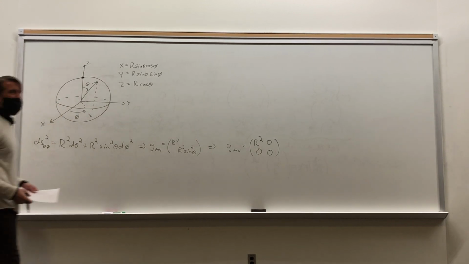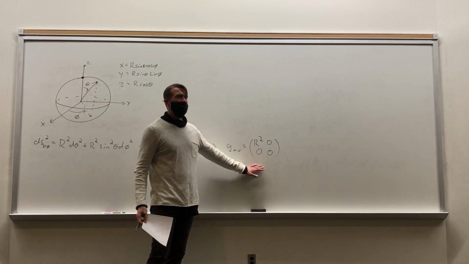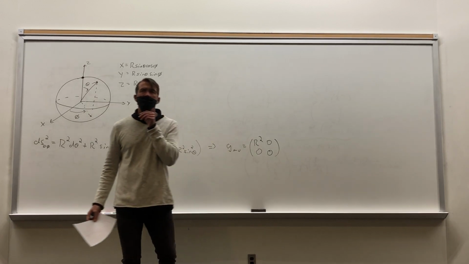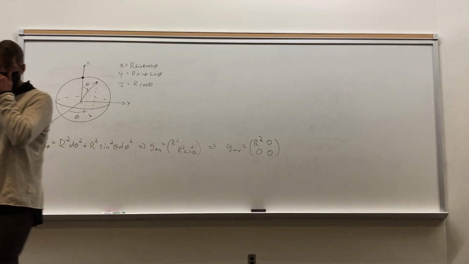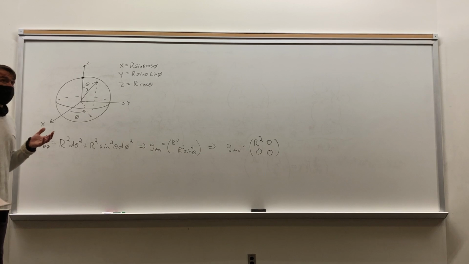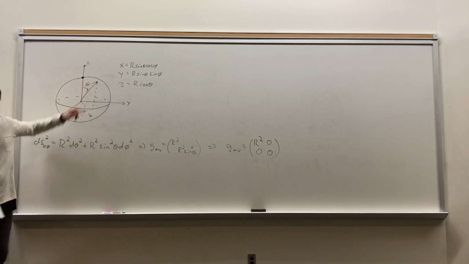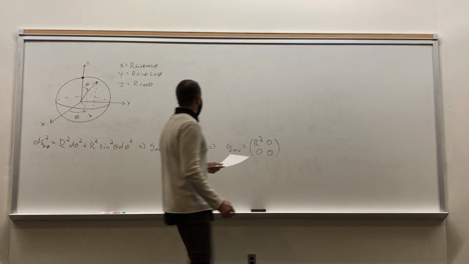This is a highly degenerate form for a 2x2 matrix. So working in terms of theta and phi are obviously not good coordinates. We need a different set of coordinates in order to describe what's going on around this North Pole. Okay? So we'll do the following.